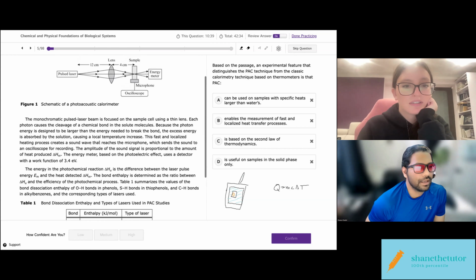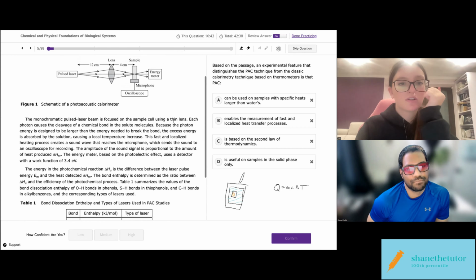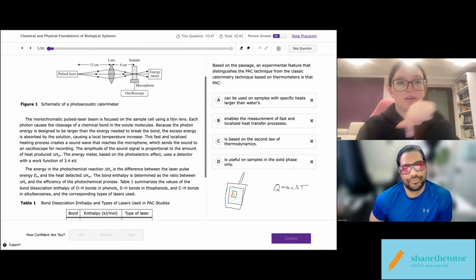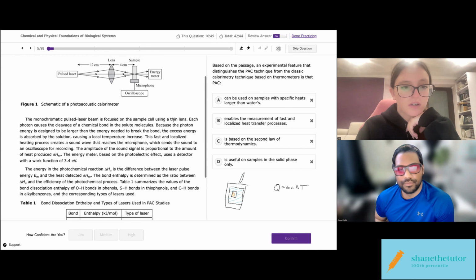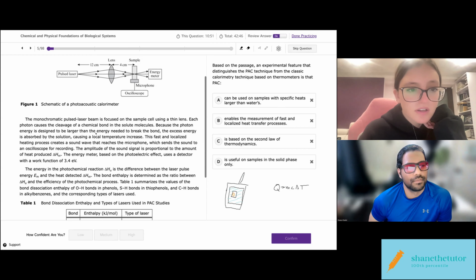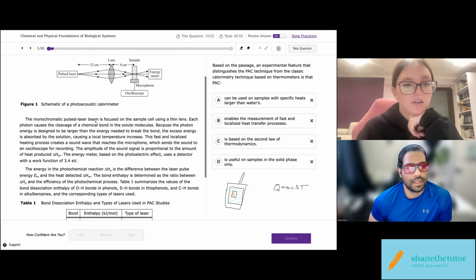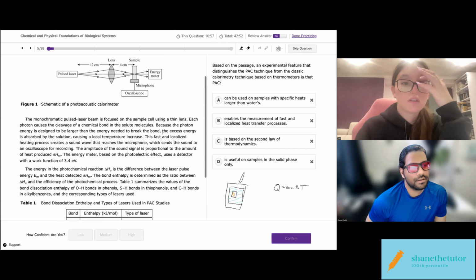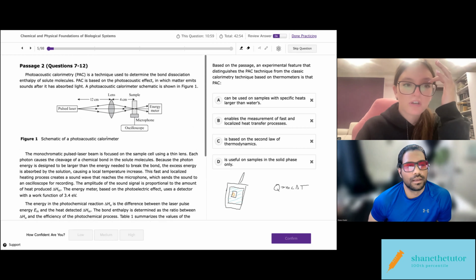The photon energy is larger than the energy needed to break the bond, so the photon has energy left over. What bond is it breaking? It's the cleavage of a chemical bond in the solute molecules. And so this temperature increase is what's being measured by the PAC.